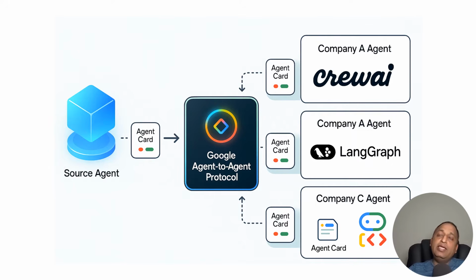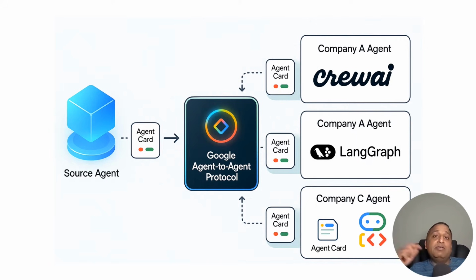So we have three different agents written in three different frameworks, because each framework offers some specialty. For example, for task-based work we mostly use CrewAI, and when we want more custom integration and custom orchestration, we use LangGraph. Each company has built its own agent, and these agents specialize in one capability.